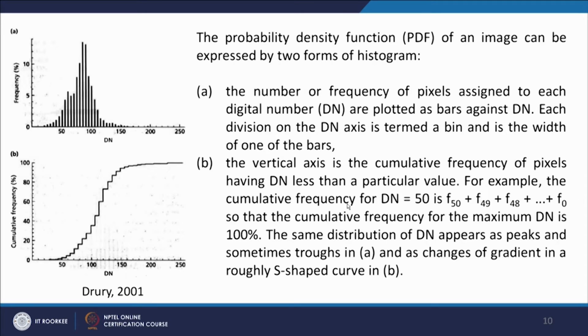For example, the cumulative frequency of DN equal to 50 is F50 plus F49, F48, and so on till F0, so that the cumulative frequency of maximum DN is 100%. The same distribution of DN appears as peaks and sometimes troughs in the histogram, and then the gradient in the roughly S-shaped curves is what we are seeing here.